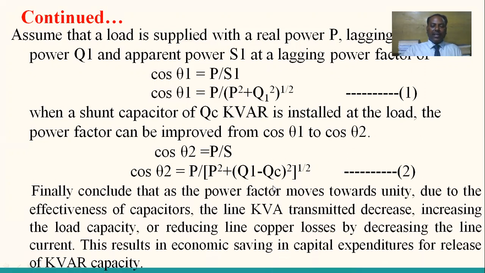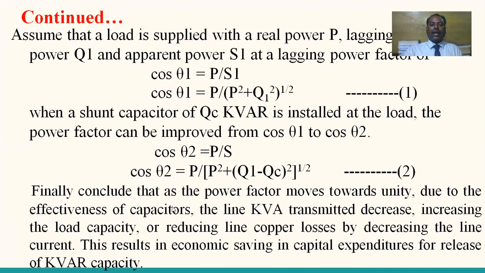As the denominator reduces, automatically cos phi 2 increases, because those two are inversely proportional to each other. So the net reactive power is reduced. The original reactive power is reduced by the capacitor reactive power, so the denominator is reduced and cos phi 2 is increased.